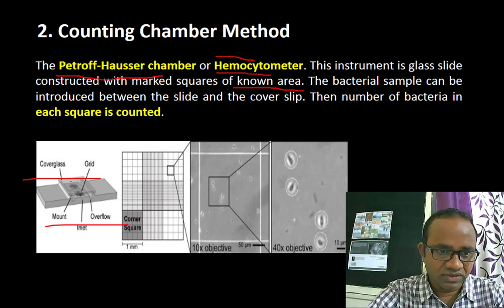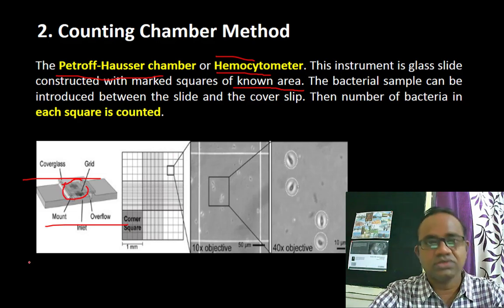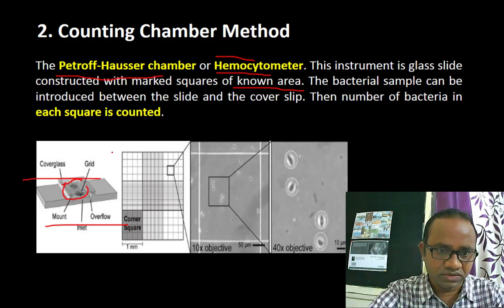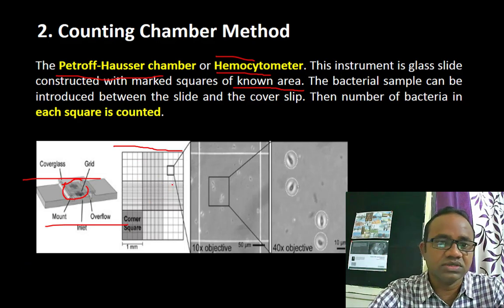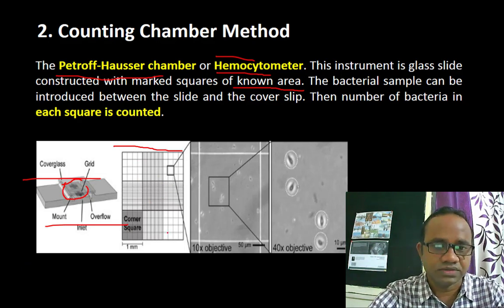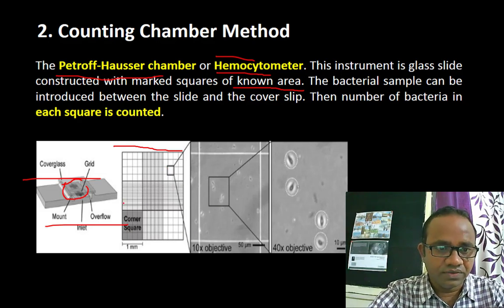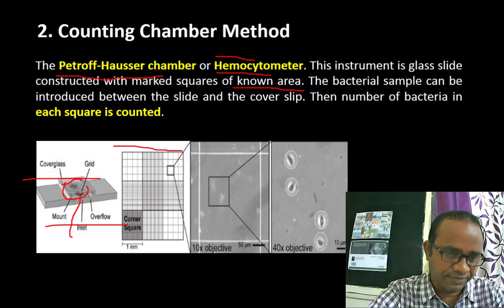On this particular area the squares are marked like this. You can see there are several squares and we can count the cells in each of the squares. The area of the squares is already known. So what we have to do is take a small amount of the bacterial aliquot and add it here. Then it spreads like this.